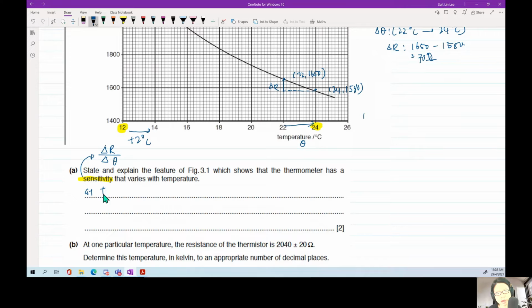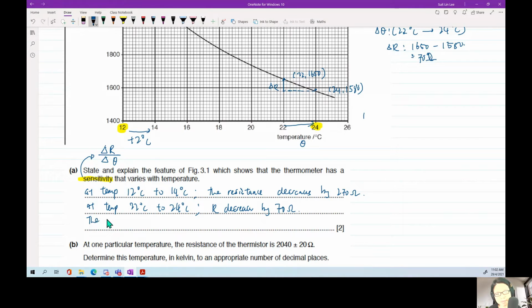So at temperature of 12 degrees Celsius to 14 degrees Celsius, the resistance decreases by 270 ohm. At temperature 22 degrees Celsius to 24 degrees Celsius, resistance decreases by 70 ohm.